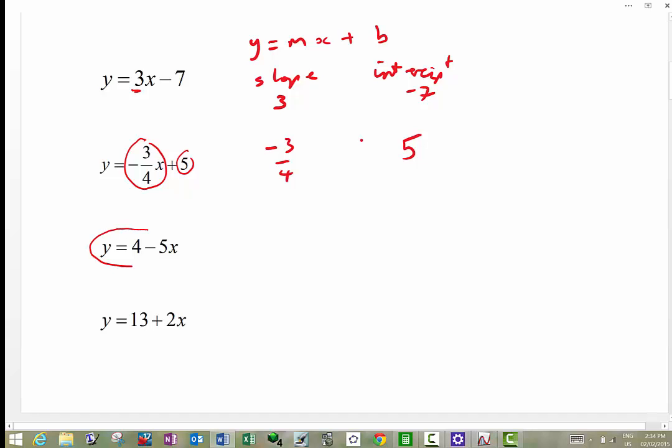Don't be fooled and just think it's the first number. The term with the x is this negative 5x, and the number by itself is the 4. So in this example, the slope is negative 5 and the y-intercept is 4. And similarly, in this last one, the slope is 2 and the y-intercept is 13.